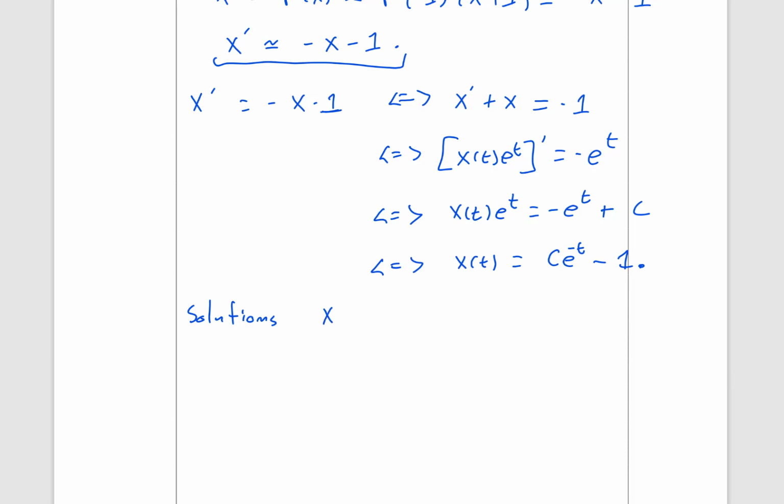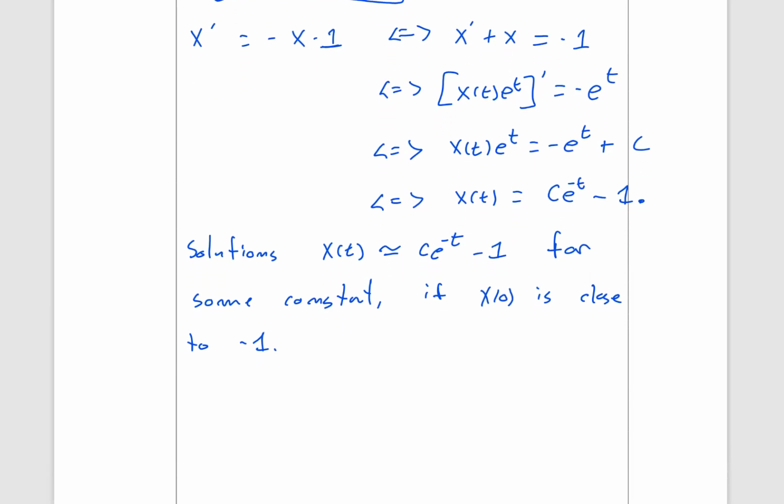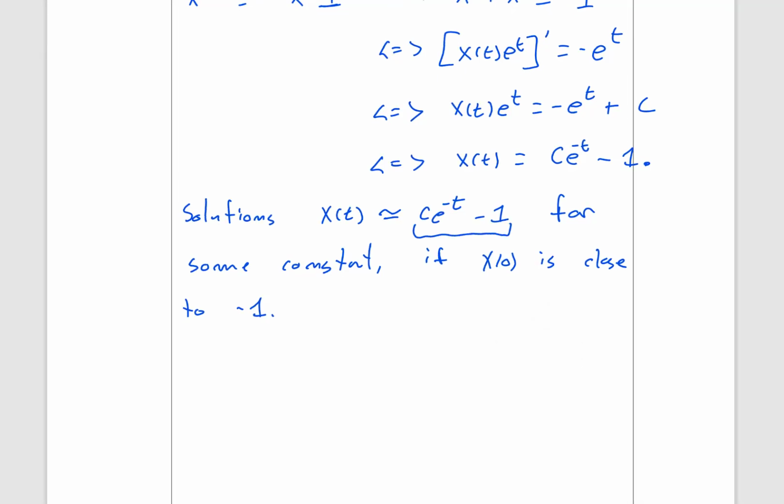So solutions x of t are approximately equal to c e to the minus t minus 1 for some constant if x of 0 is close to minus 1. Okay, so that's how we want to think about it. Solutions that start near minus 1 are approximately equal to this formula right here.